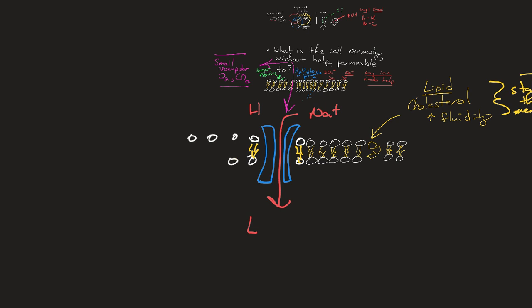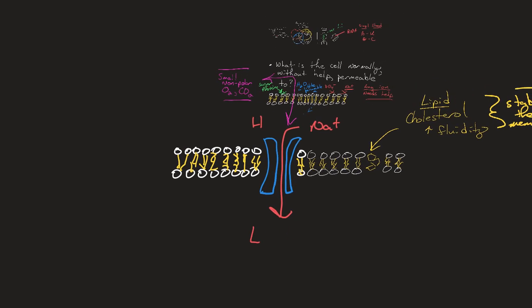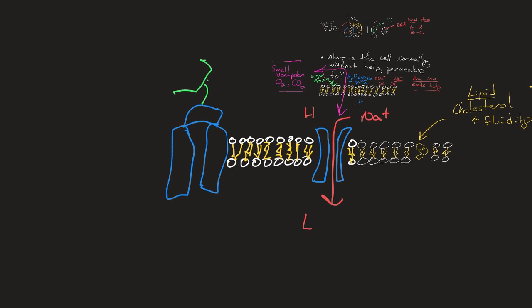There are other kinds of transport proteins we've talked about. There are some that require receptors and signals. They would have a channel as well, but instead of it just being an open channel, it has some type of receptor waiting for a signal.